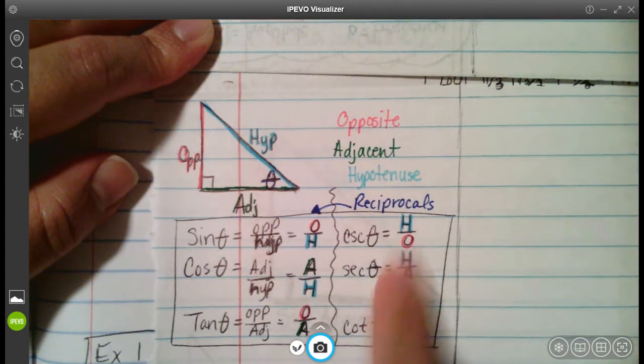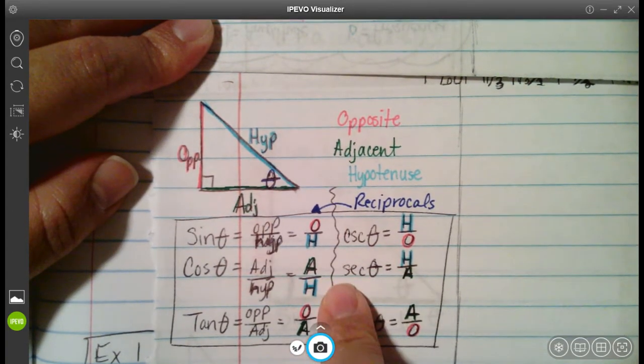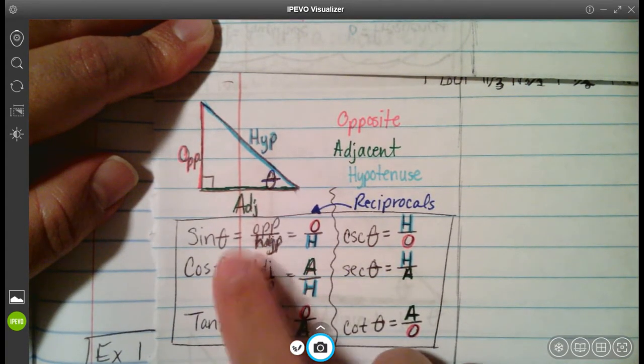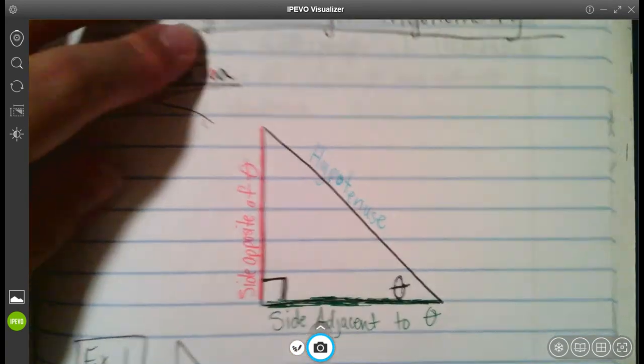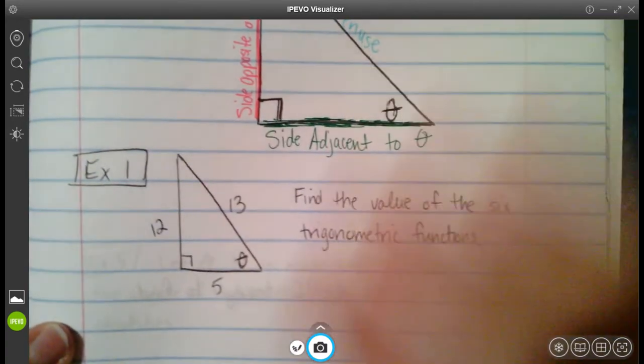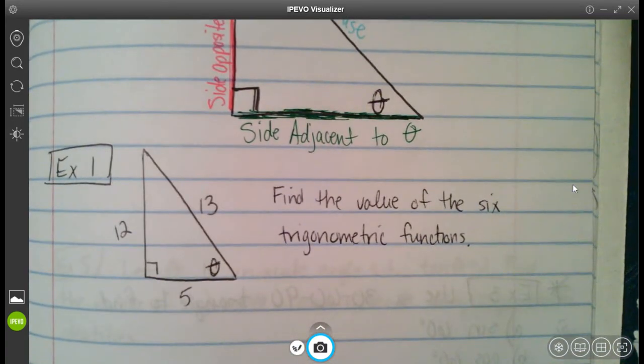Okay, so we're going to be referring to this foldable. I'm not going to show it every single minute, but hopefully you can follow along with your own. Using that, we're going to do this very first problem that says find the value of the 6 trigonometric functions.